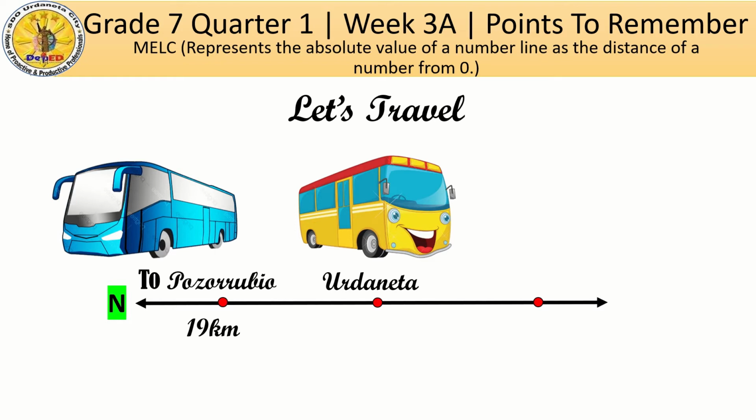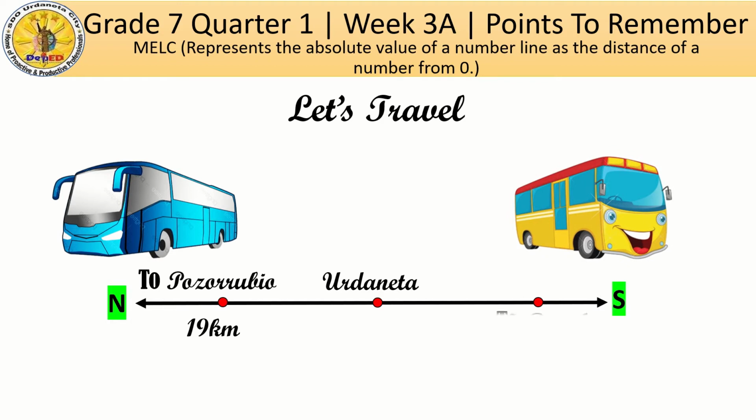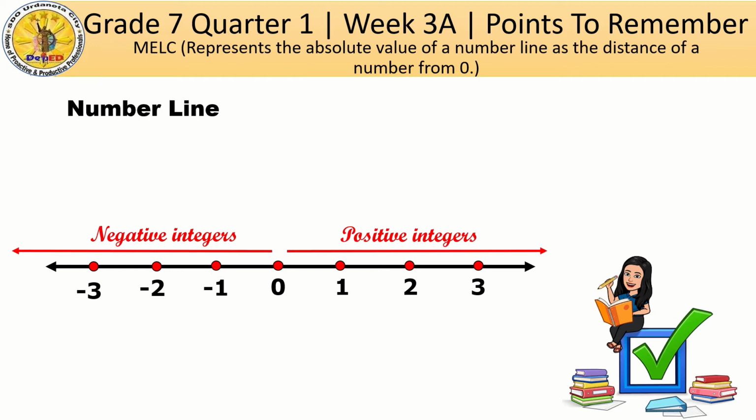And if my friend is traveling from Urdaneta to the south, or to Rosales, her distance traveled is 19 kilometers also. So regardless of the direction that we travel, we both came up with the same distance, which is 19 kilometers. Okay, so let's proceed to the number line.